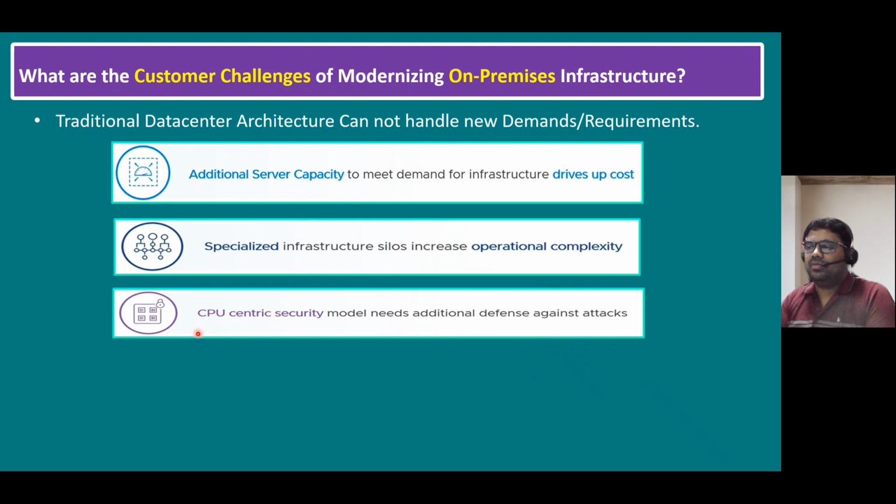And even in recent days, we noticed there are vulnerability attacks and ransomware attacks when you are using a few CPU models. So always consider that the CPU has one constraint, and a CPU-centric security model needs additional defense against attacks such as ransomware attacks or any other malware attacks. So this is also one of the common customer challenges.